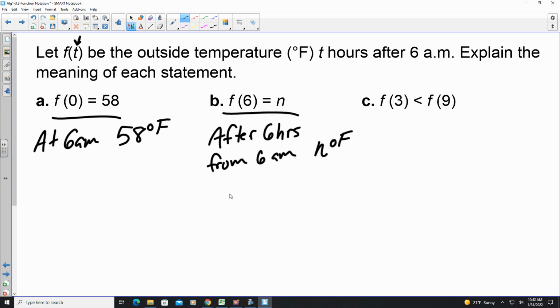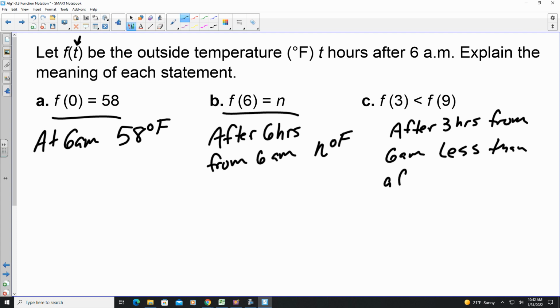So to interpret this statement, all they're saying is after 3 hours from 6 a.m., the temperature will be less than after 9 hours from 6 a.m. And whatever that temperature is, they didn't give it to us, but that's how we interpret that from the function notation.